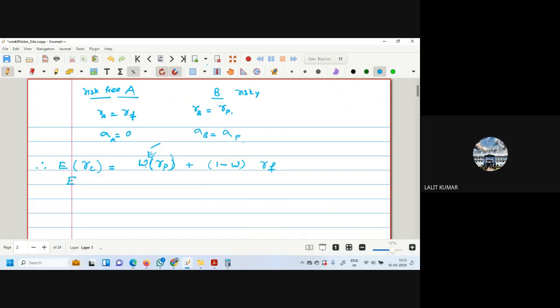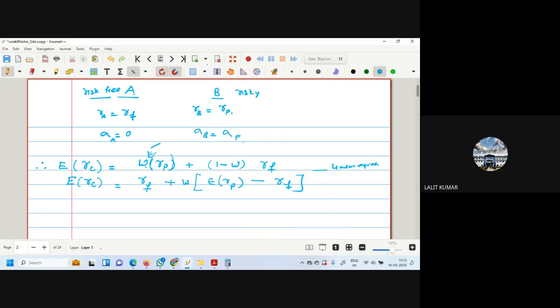So expected RC, when you open this, becomes RF plus W into (ERP minus RF). Is this formula okay? This is a linear equation.